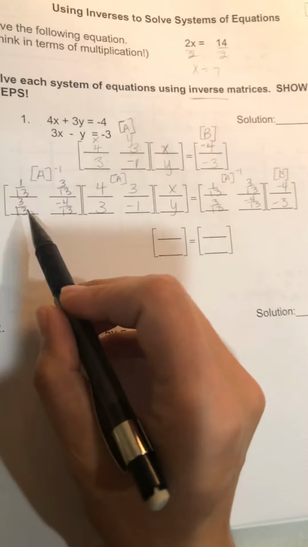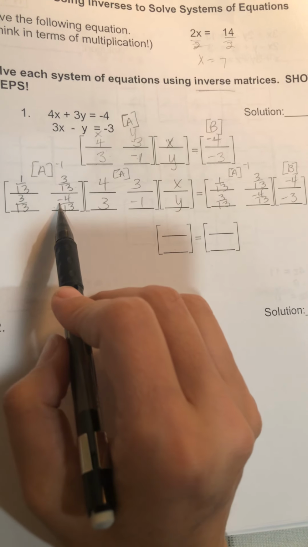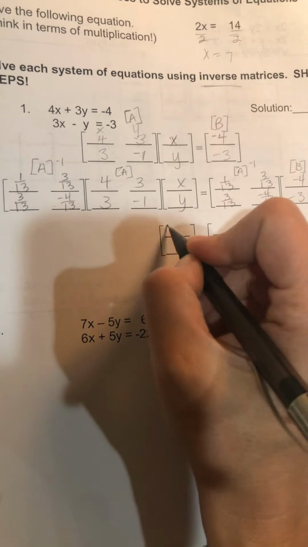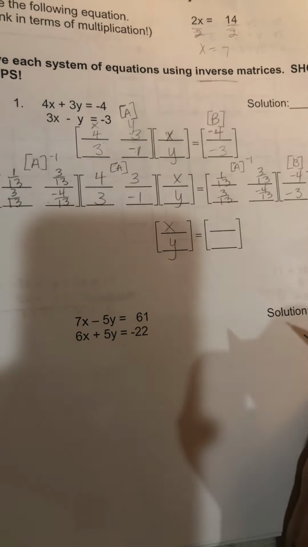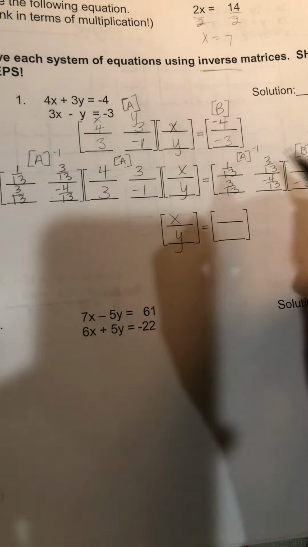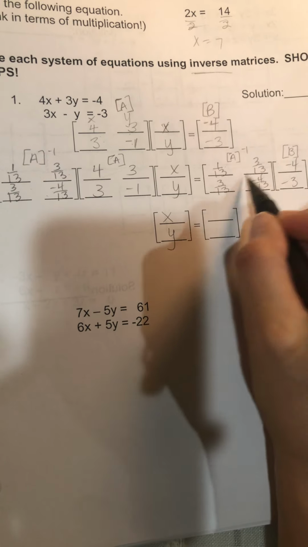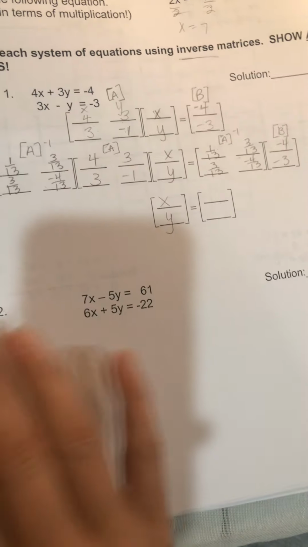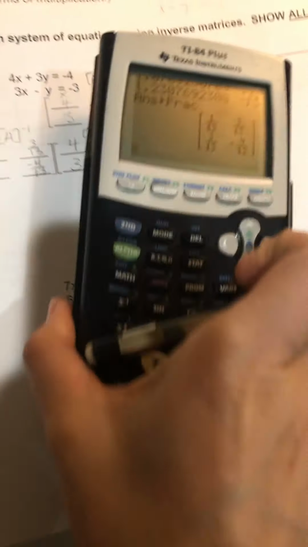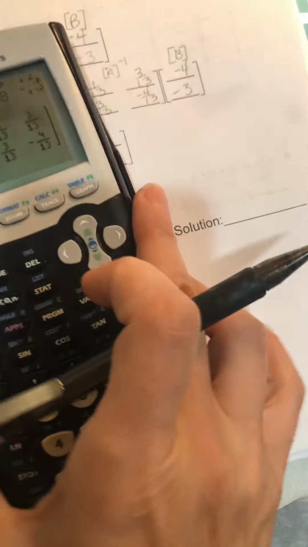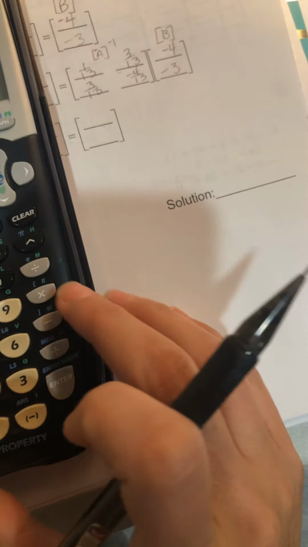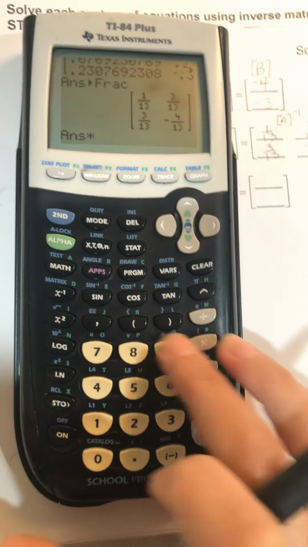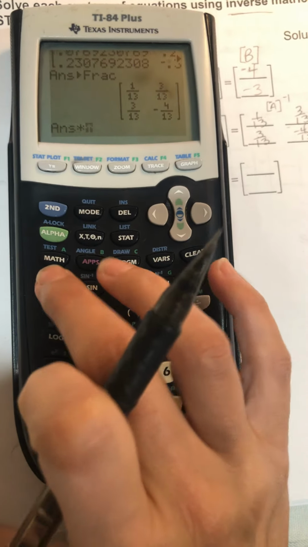So now these two are canceling each other out, and you're just going to be left with x and y on this side. And now you're going to need to multiply these two together in your calculator so that you can get this answer. So you're going to take your answer and multiply it by matrix B. Let me see if this works.